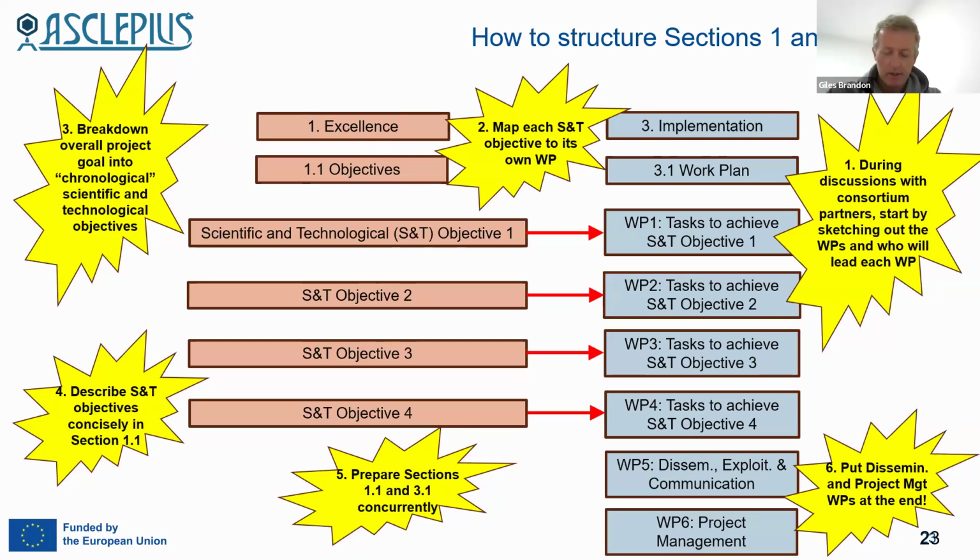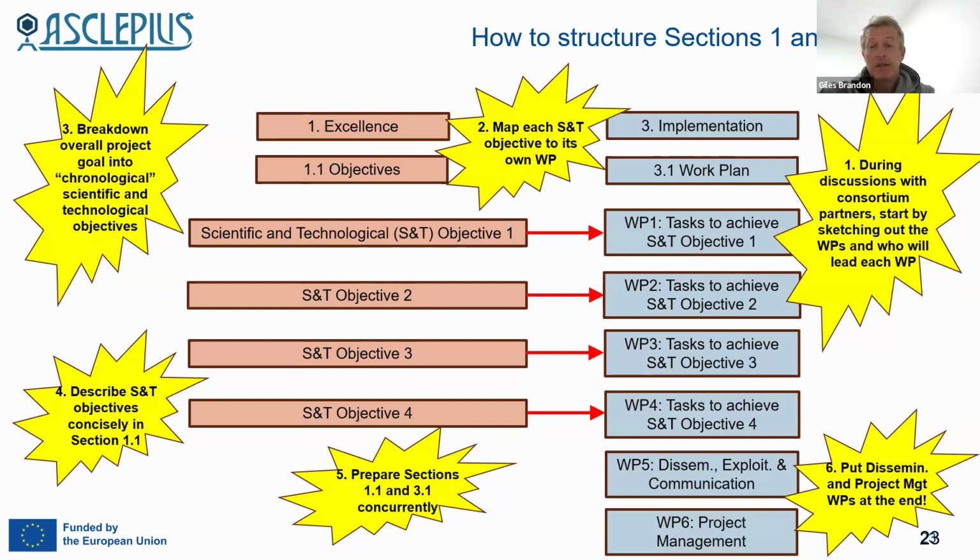So now let's look at the yellow stars going around the outskirts of this slide. We start with 1, in the top right. When I'm in the initiation phase with a consortium, you have these discussions online or in person with a critical mass of consortium partners. Usually the way the discussions go, different partners say different things that they can do: we have expertise in this area, you have expertise in that area, you've got labs that can do this.